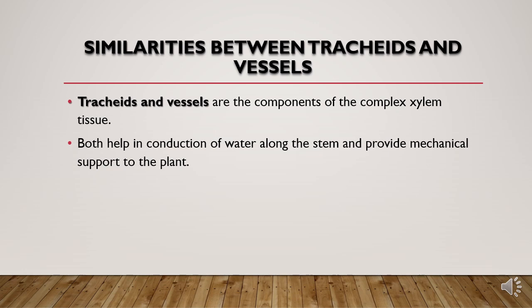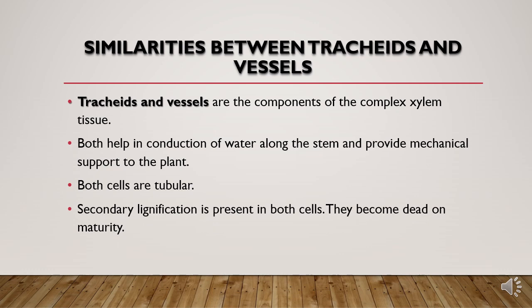This means they prevent the plant from wilting and falling, since these two are present along the stem. Both cells are tubular, meaning they look like a tube shape.